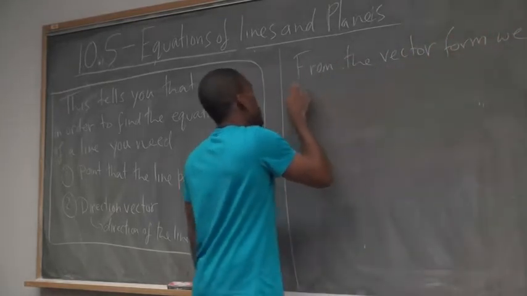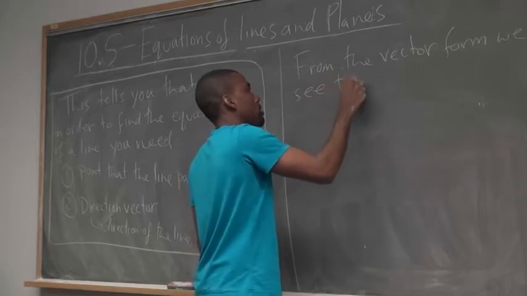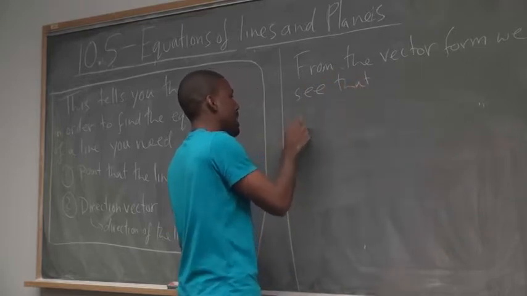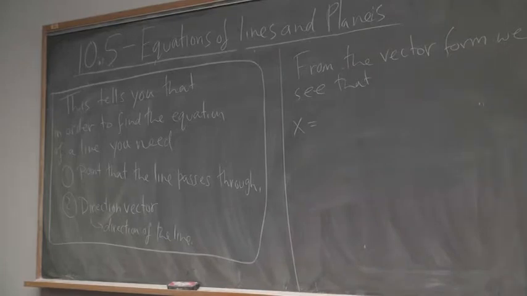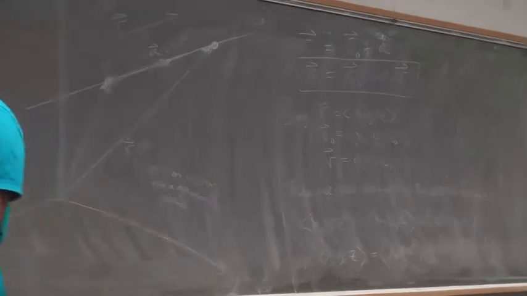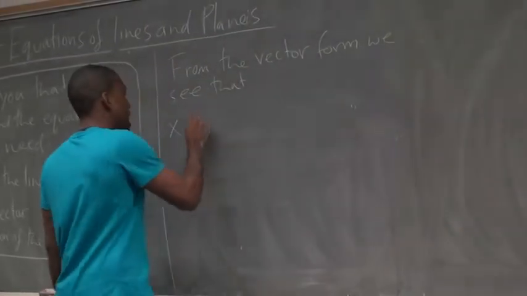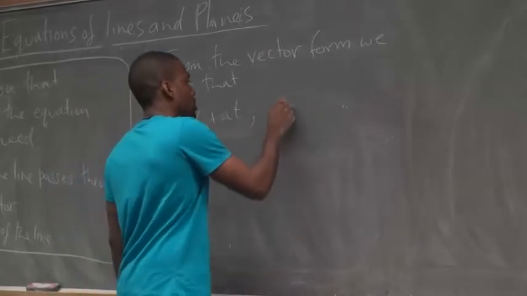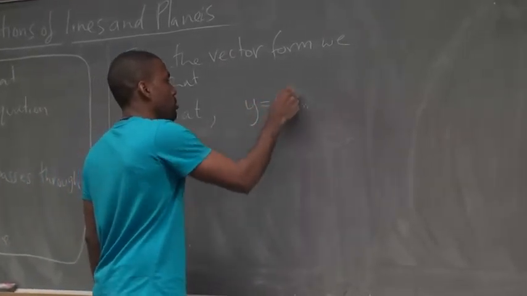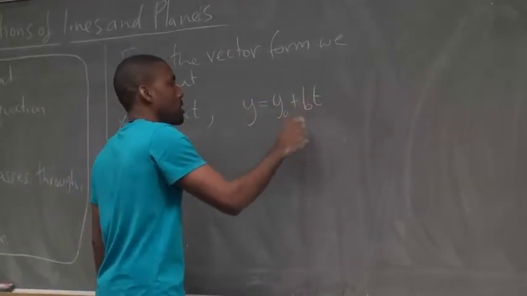From the vector form, we see that I can actually isolate what the x is. I'm saying these two vectors are equal, which means the components have to be equal. So x is x naught plus at. My y value is y naught plus bt.